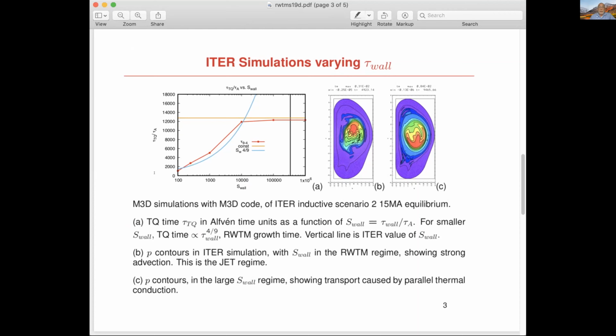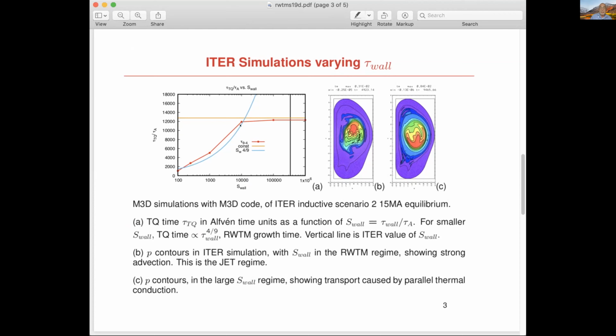On the left, I've shown how the thermal quench time depends on the resistive wall time. In the simulations, I can vary this wall time. When the wall time is fairly low, you can see that the thermal quench time goes up rapidly.